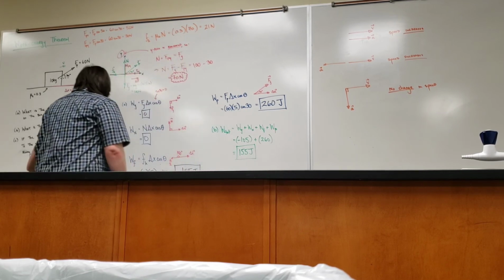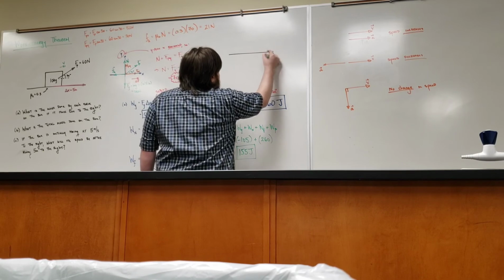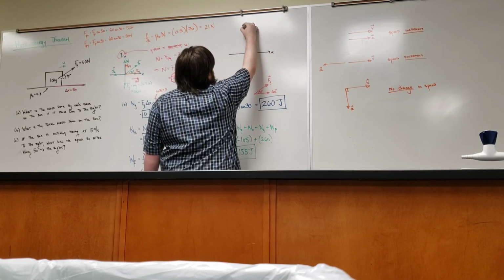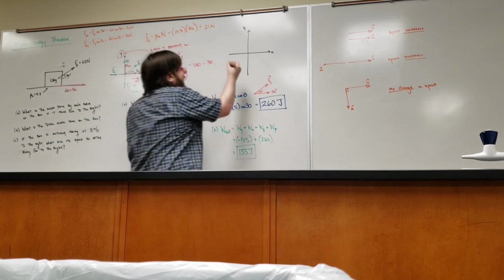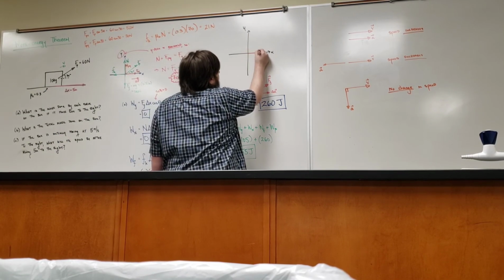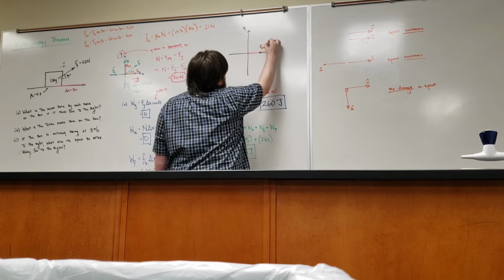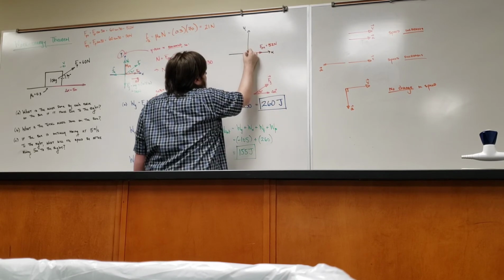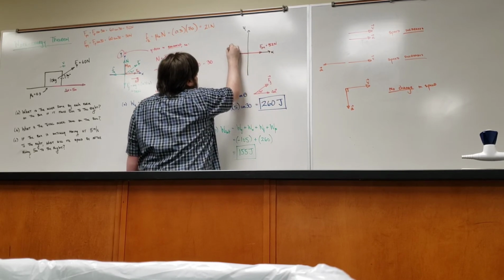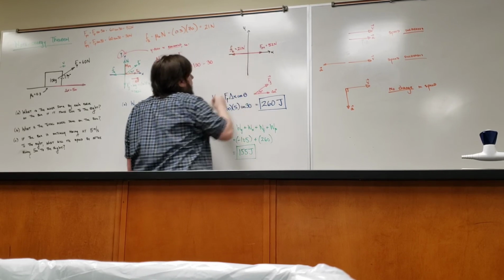So if I draw the free body diagram, but I only focus on the x forces, the forces in the x direction, then what we have is the pulling force in the x direction, which is 52 newtons, and we have kinetic friction, which is 21 newtons.